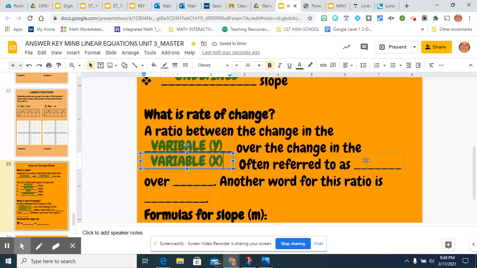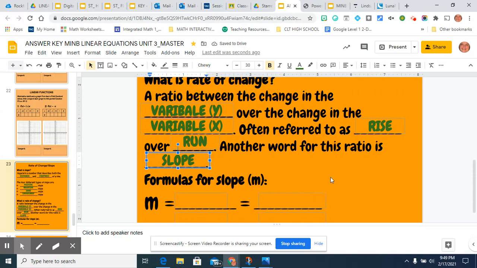Okay, so we often refer to this as the rise, meaning how are we moving up and down, over the run. Another word for this ratio, of course, is slope.